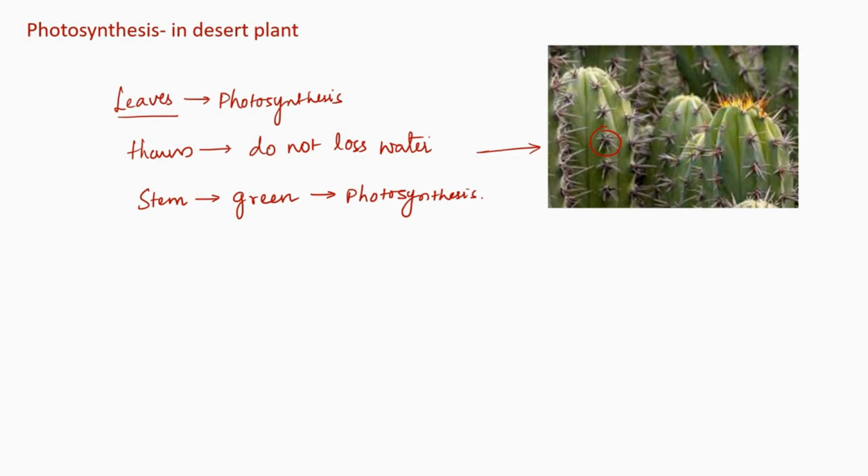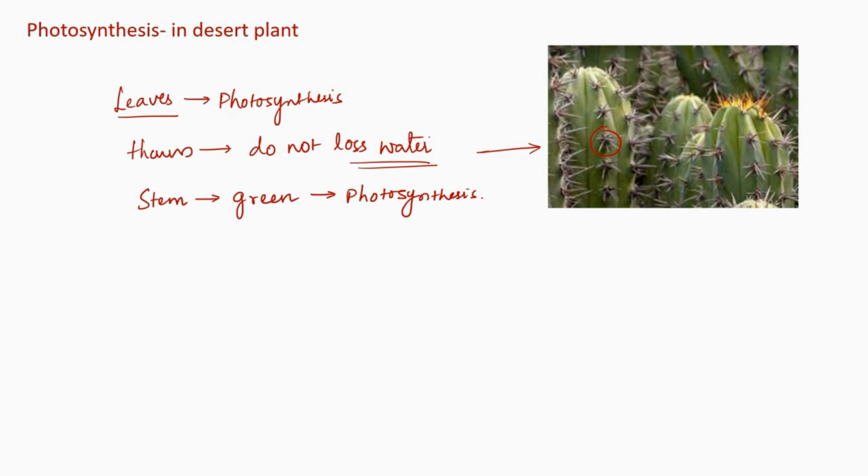Because these thorns will not lose any water. The leaves lose water via transpiration, the thorns will not lose any water, and it will in turn help them save water, because in the desert there will be scarcity of water. So they have adopted this feature that they have converted leaves into thorns.